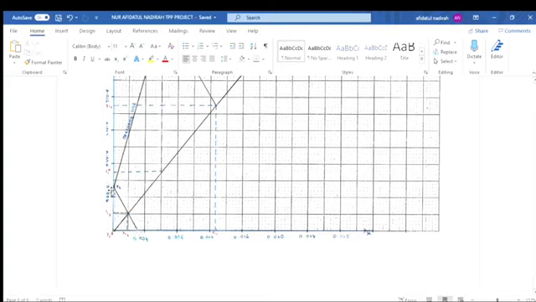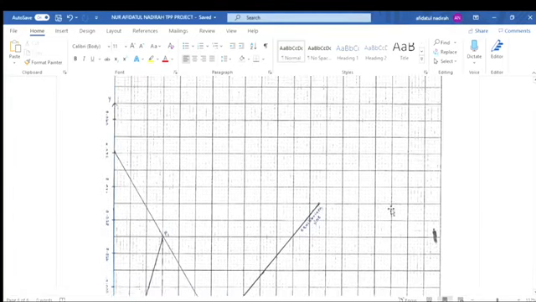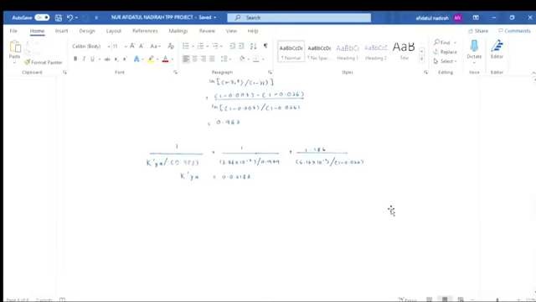After we found out that the coordinate is 0.003 and 0, we can get the value of xi2 and yi2, which is the intercept between this line and the equilibrium line. We will get xi2 equal to 0.0081 and yi2 equal to 0.0022. Okay, this is how we get the value of xi2 and yi2.